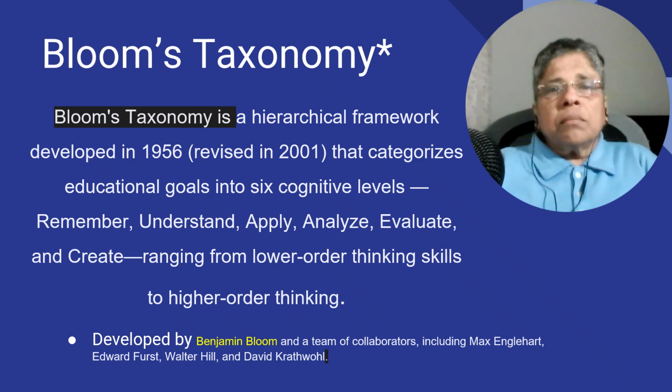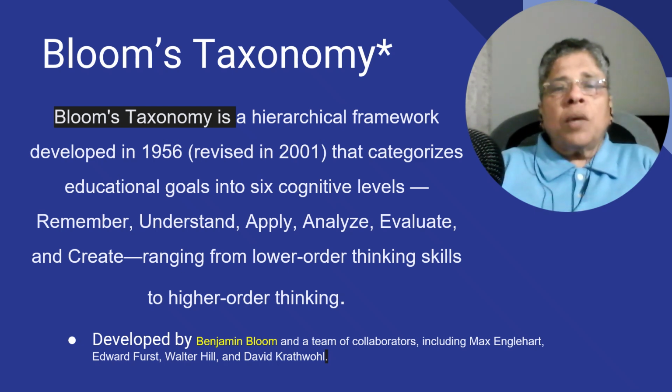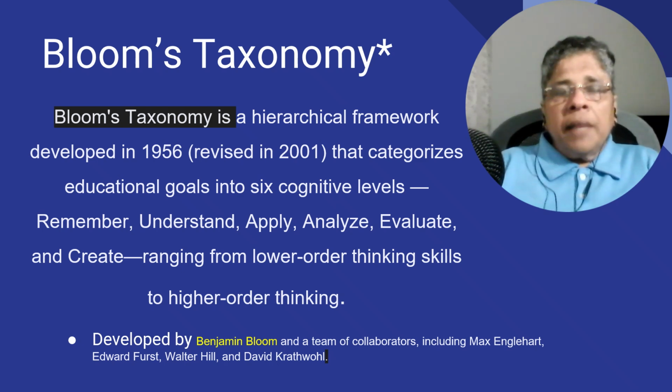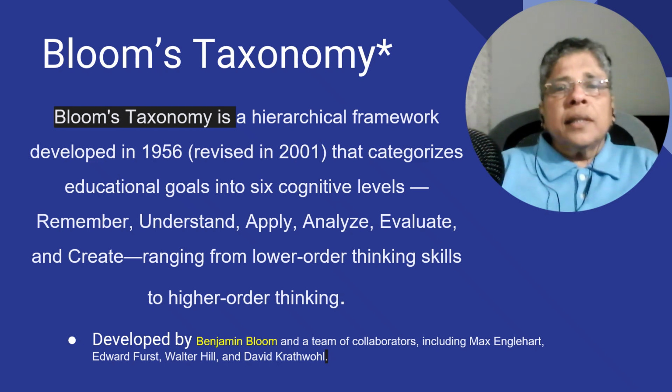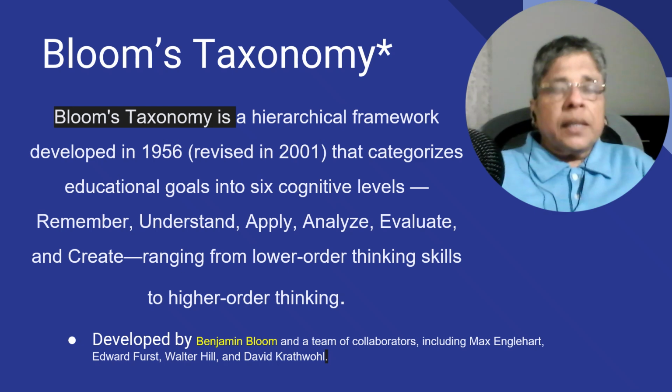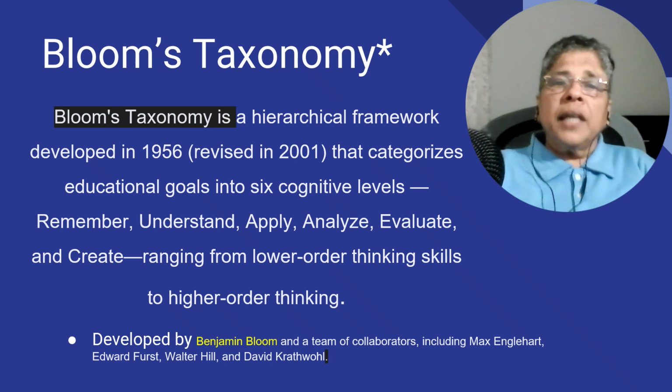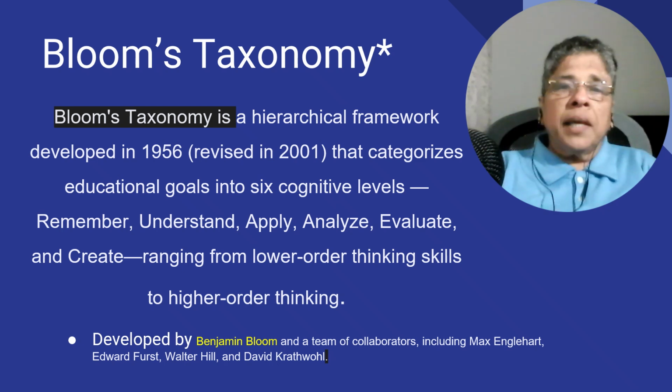So also in the revision in 2001, they have identified the levels of learning in the psychomotor and affective domain as well, and have found the levels of learning and identified certain action verbs or words that can be used to write learning objectives. So these levels range from lower to higher order of learning behavior.